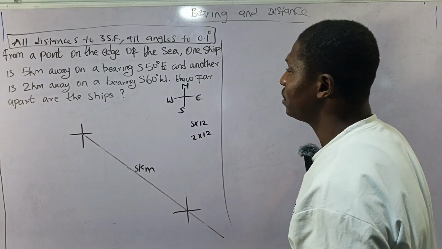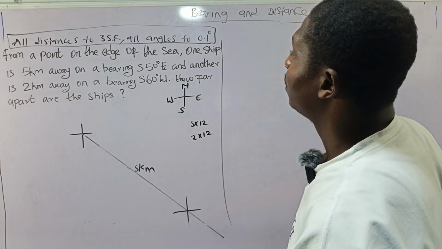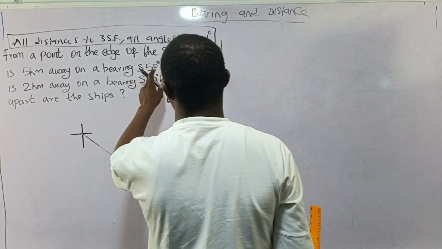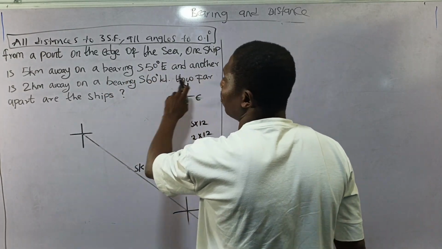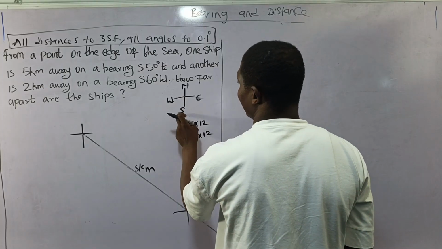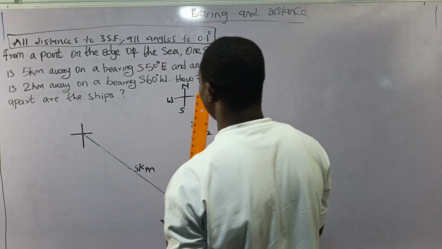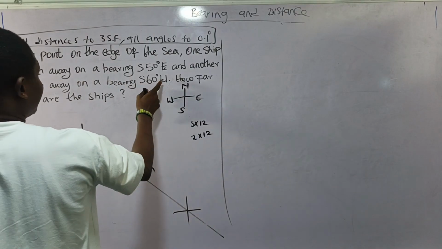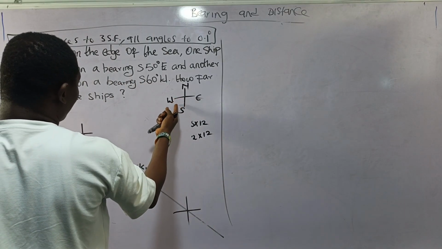Now the second. One ship is 5 kilometers on a bearing of south 50 degrees east, and another is 2 kilometers on a bearing of south 60 degrees west, southwest. 60 degrees west simply means is what? South 60 degrees west simply means is 30 degrees from the what?